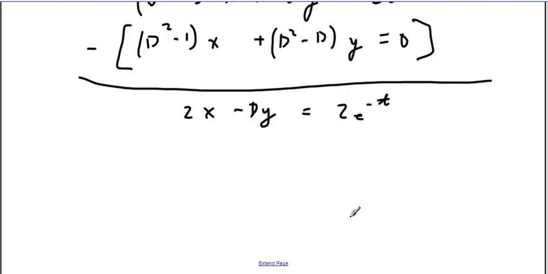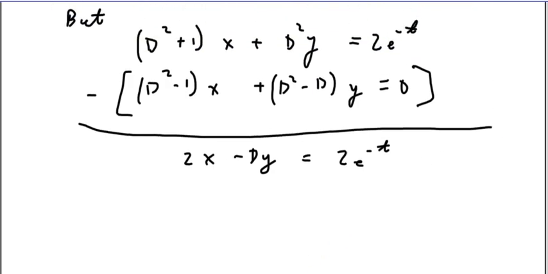Okay, so I don't see anything wrong with that, do you? Unfortunately, 2x minus Dx is e to the minus t.